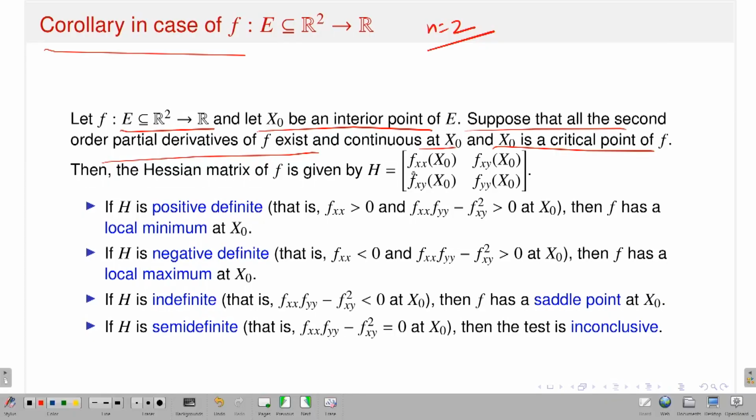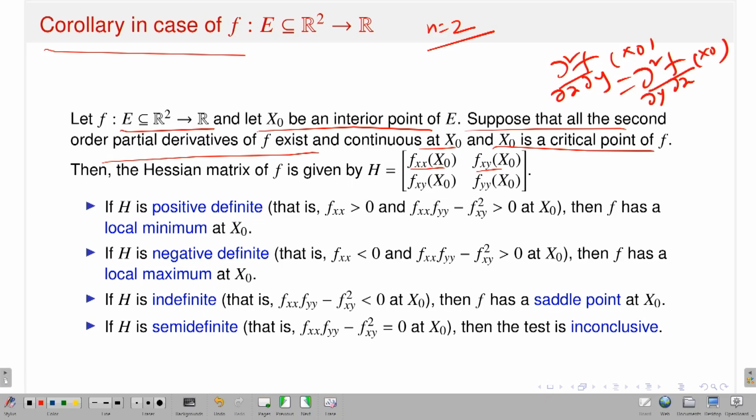And what are the elements? You can easily calculate. The first element should be del 2 f del x square at the point x naught. The next element should be del 2 f del x del y. It does not matter whether I do y first or x first, because the value will be the same. So, del 2 f del x del y at x naught is the same as del 2 f del y del x.